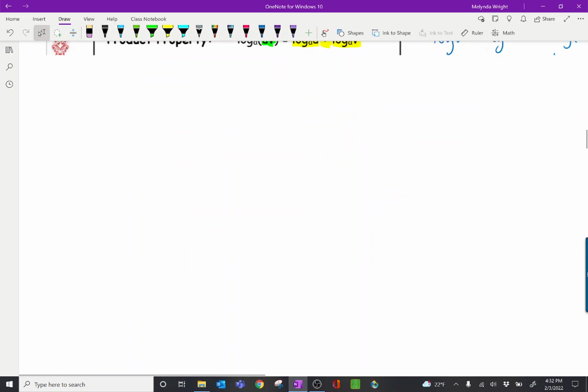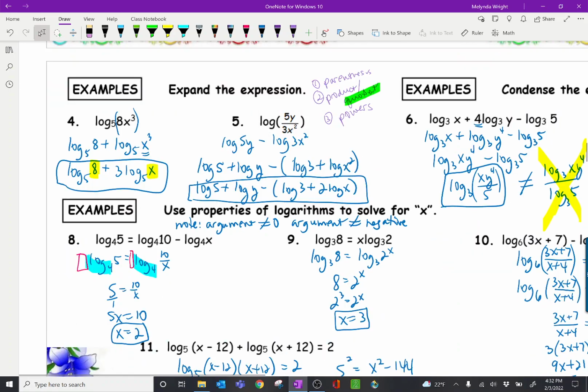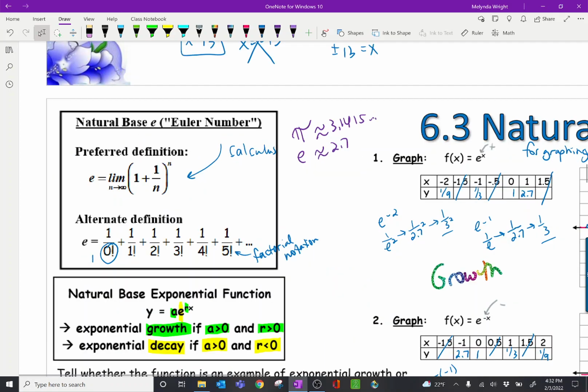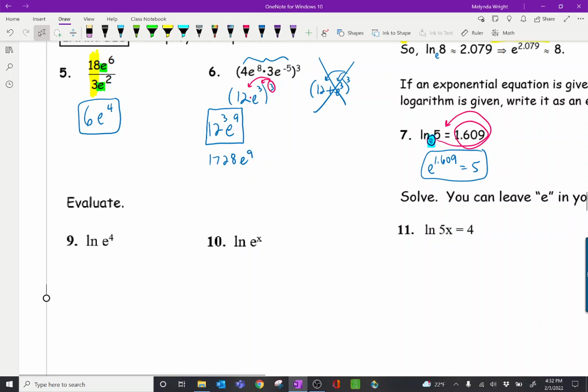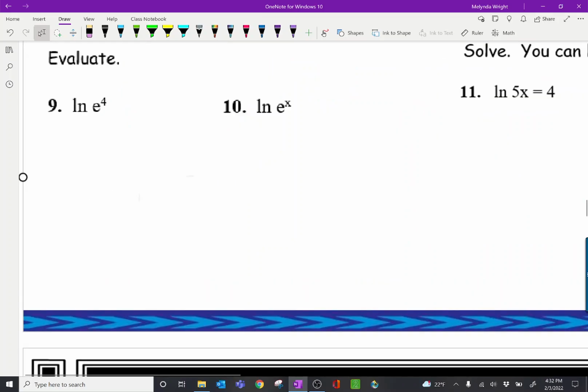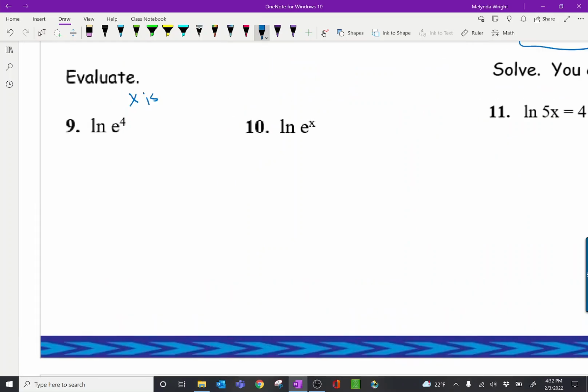We're going to set it equal to x because it says evaluate. This is one way to work these problems. So x is the answer. There's not really a variable x here, so we're introducing x.